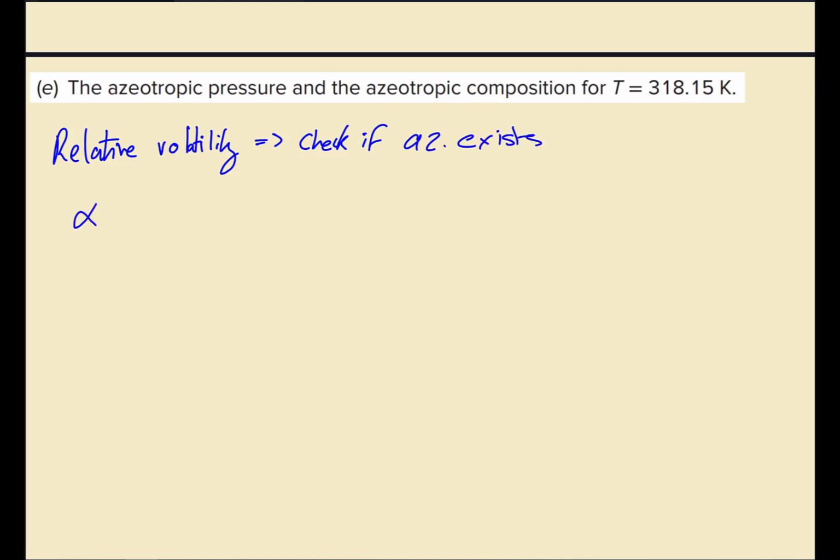In this case, the equation was alpha 12 equals y1 over x1 over y2 divided by x2. And then from the modified Raoult's law, we said that this is the activity coefficient 1 multiplied by P1 sat divided by gamma 2 P2 sat.